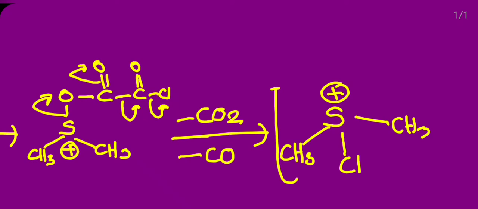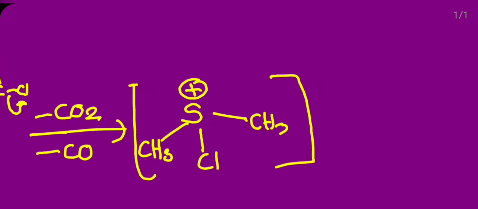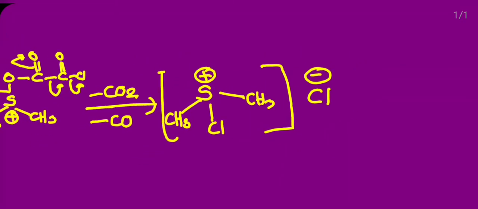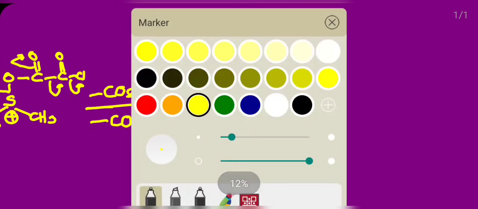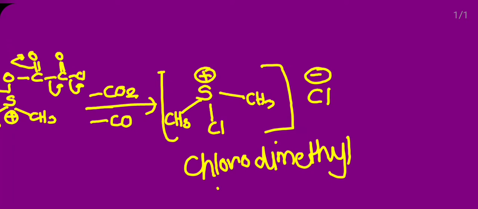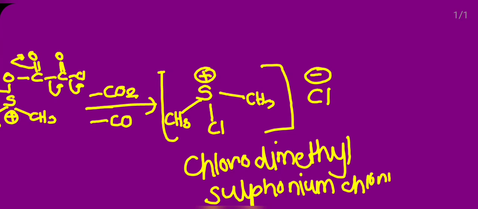Initially in the system one of the Cl was present as Cl minus, so this Cl minus will be present as it is, and this is known as chlorodimethylsulfonium chloride. Now our reagent, DMSO, is activated by using the oxalyl chloride.